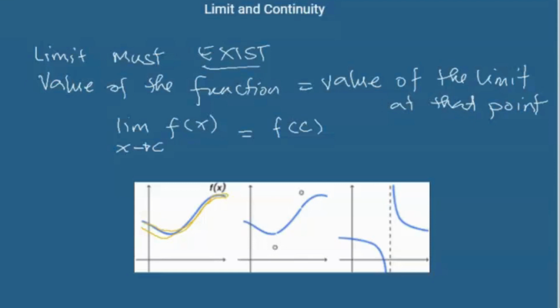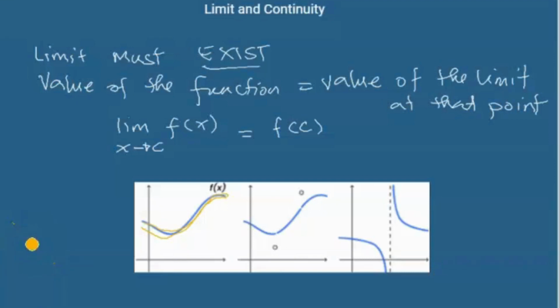Or in other words, it is an unbroken curve, meaning there are no holes, no jumps, no gaps, or no breaks.